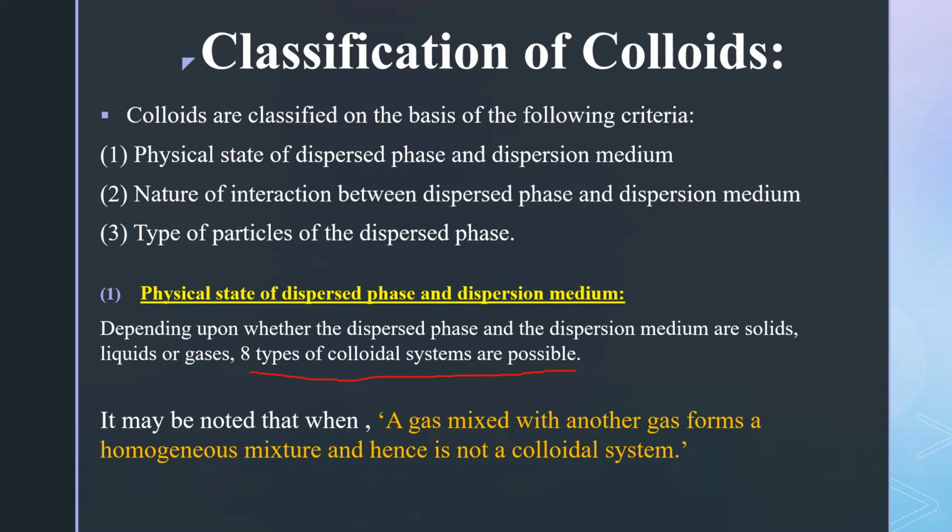If we have a gas as dispersed phase and the dispersion medium is also a gas, then the mixture of two gases will be a homogeneous mixture and will not be a colloidal system, because we know that colloidal systems are heterogeneous in nature, so a homogeneous mixture of two gases cannot be a colloidal system.